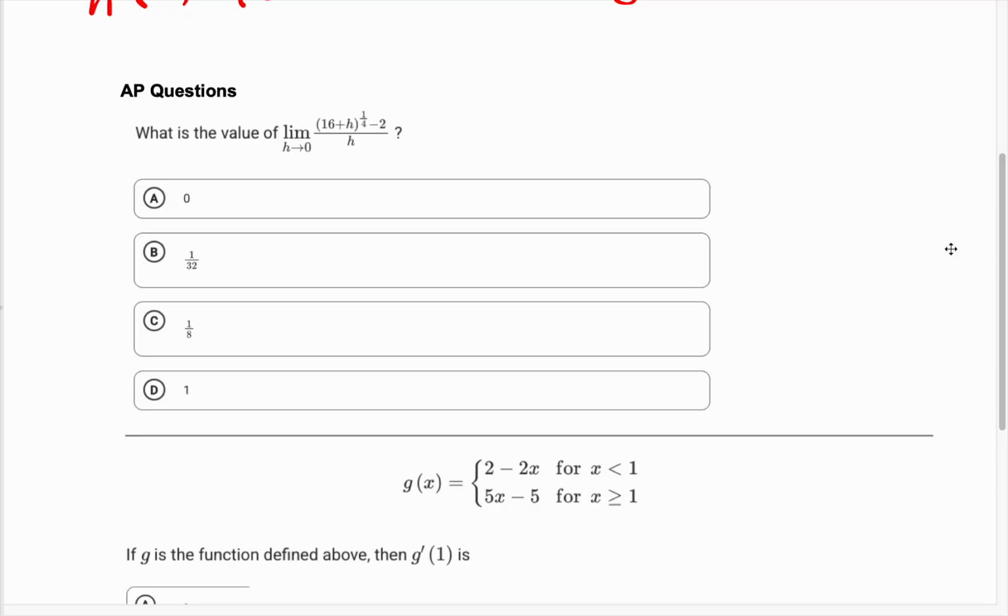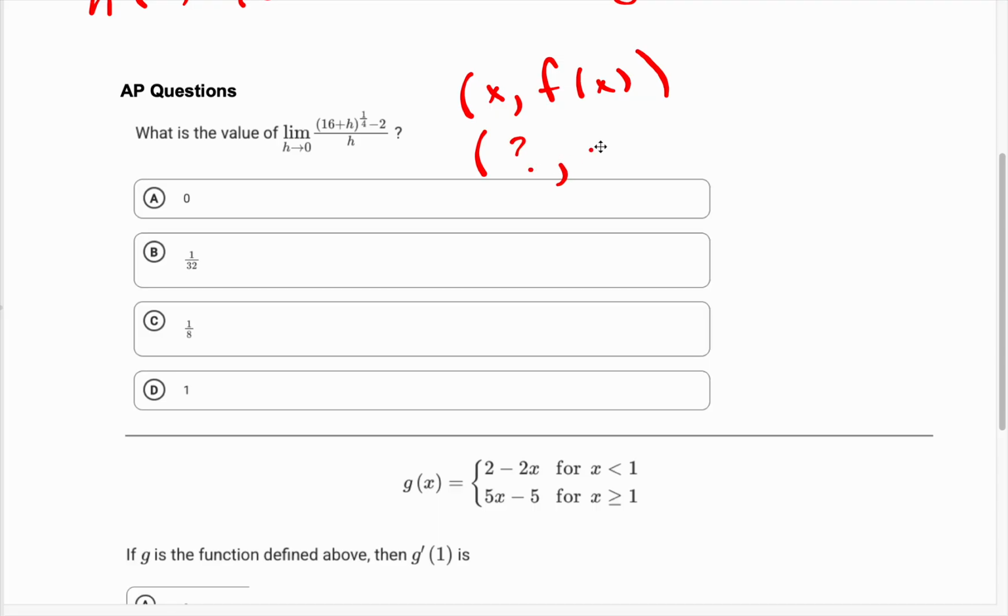All right. So this first AP question I'd like to talk about with you. What is the value of the limit as h approaches 0 of 16 plus h to the 1/4 minus 2 over h? We want to recognize that that is the definition of a derivative. So we have to think about x and f of x.